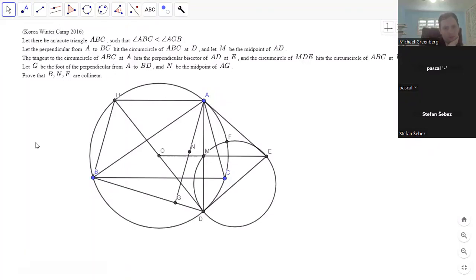Okay. So let's try to show that's harmonic. It's the same as showing HF is a median. And I wonder if we can angle chase that.